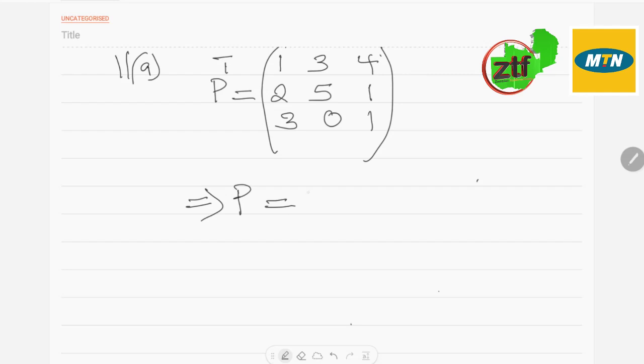Now they want you to find the original matrix before it was transposed. How is the original matrix going to look? So matrix P is going to be, since the row is 1, 3, 4, we are going to write 1, 3, 4.